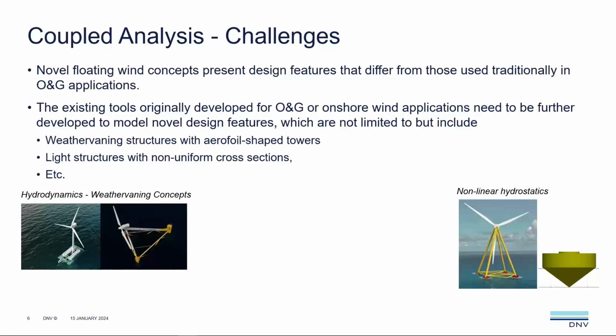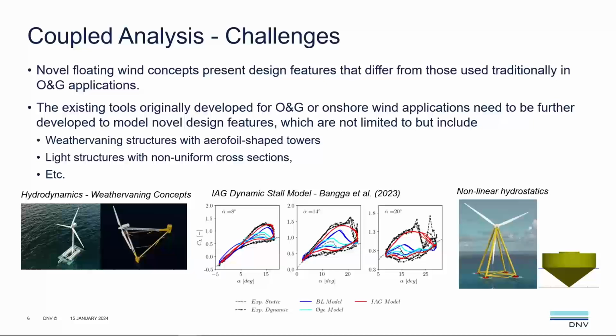These are two examples from the hydrodynamic side of things, but there's also work done on the aerodynamics as well, because as opposed to fixed turbines, onshore or offshore, floating turbines are more prone to undergoing misalignment with the incoming wind direction, operating in stalled conditions, and therefore these dynamic effects, although they can be accounted for with, for example, dynamic stall models, when we have situations where these angles of attack become quite significant, we've seen that the traditional dynamic stall models do not perform very well under these large stall conditions.